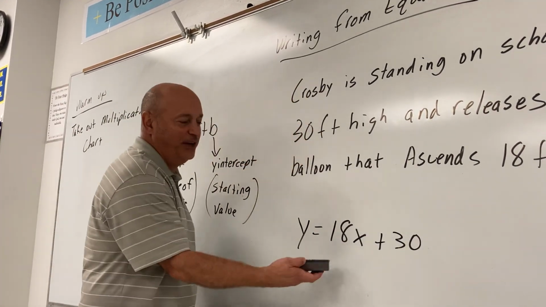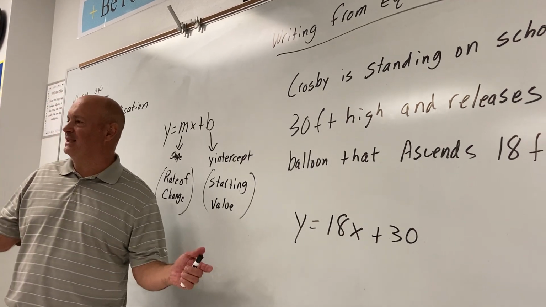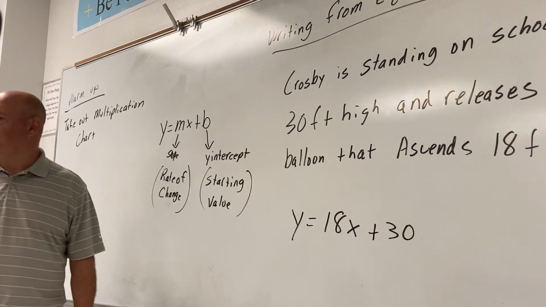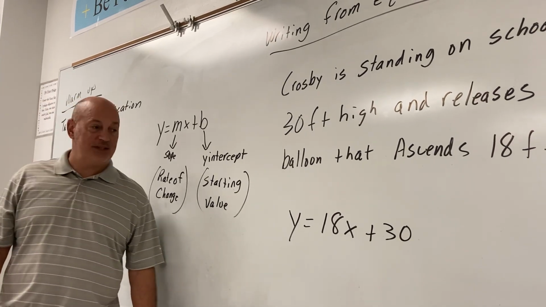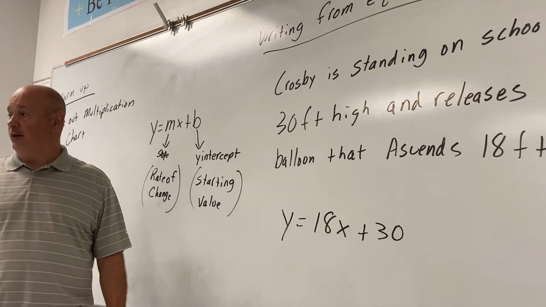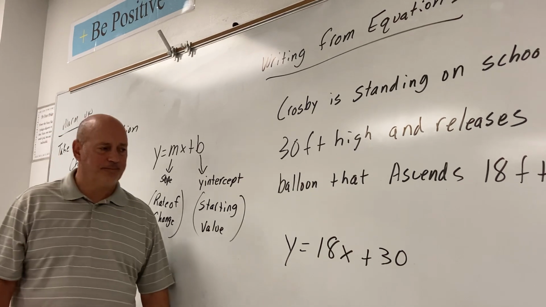All right, so what if they ask me, what does the slope mean? That it's ascending 18 feet per second. Good. You told me exactly what it means. What does the y-intercept mean?